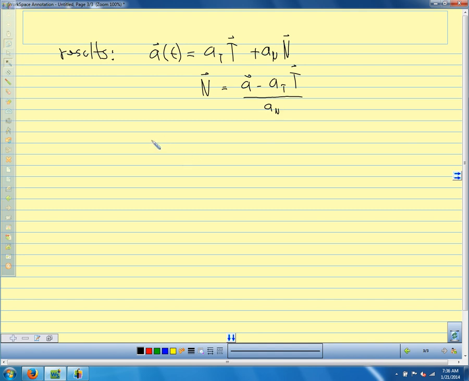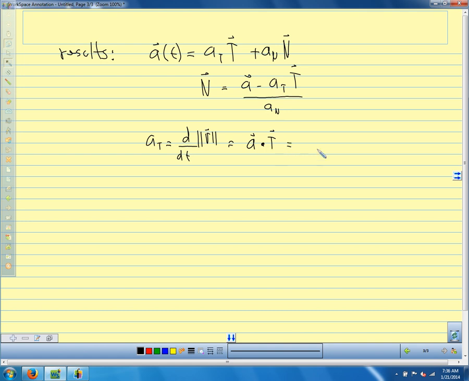A sub t. The first quantity we came up with for a sub t, our tangential component of acceleration, was the rate of change of the speed. We also said that that was a dot t.